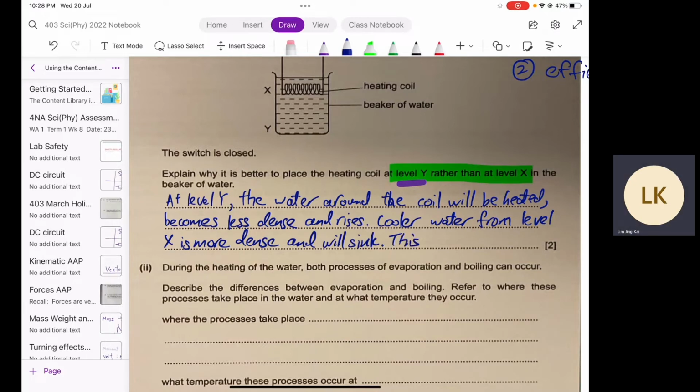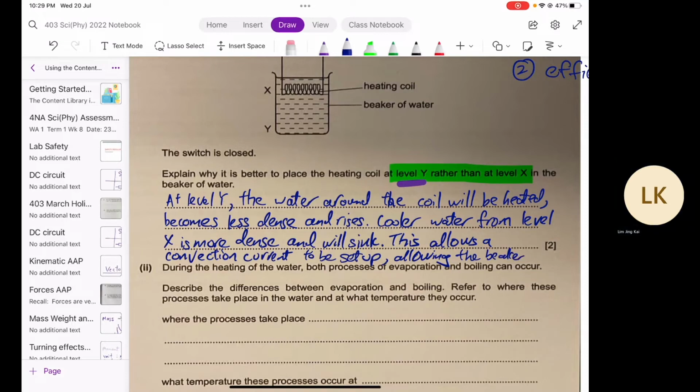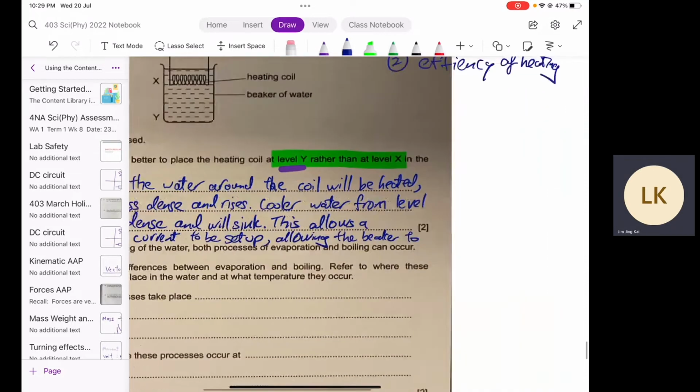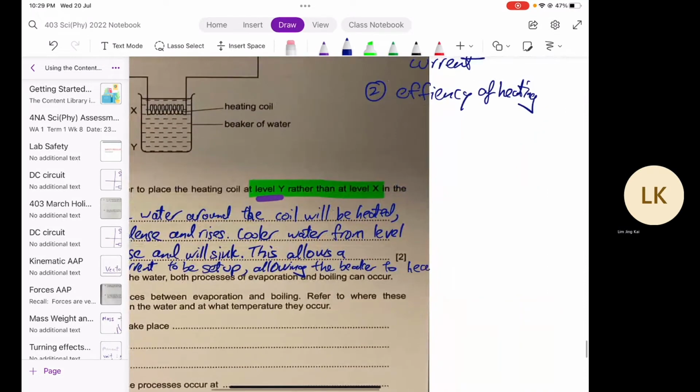This allows a convection current to be set up, allowing the beaker to be heated more efficiently.